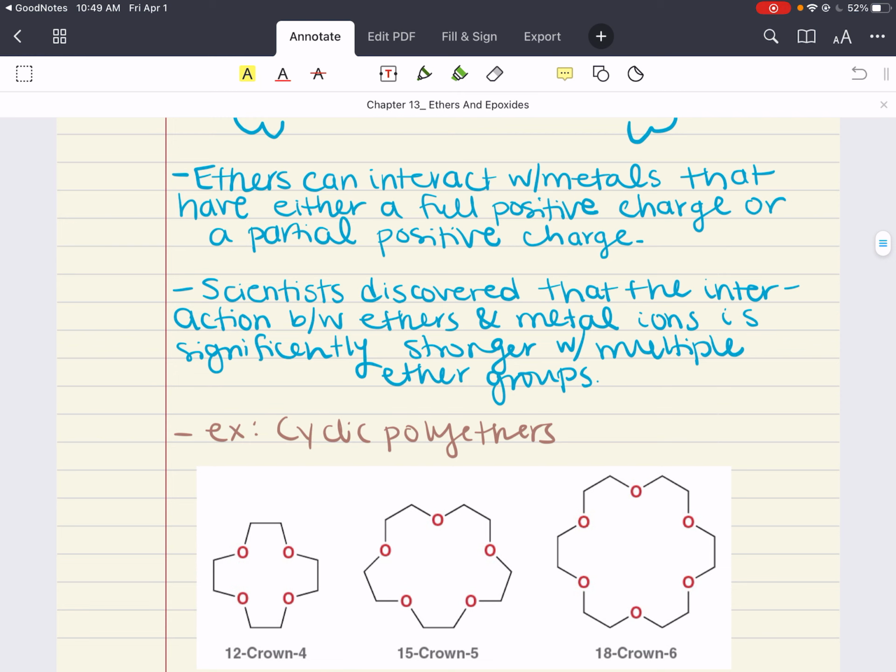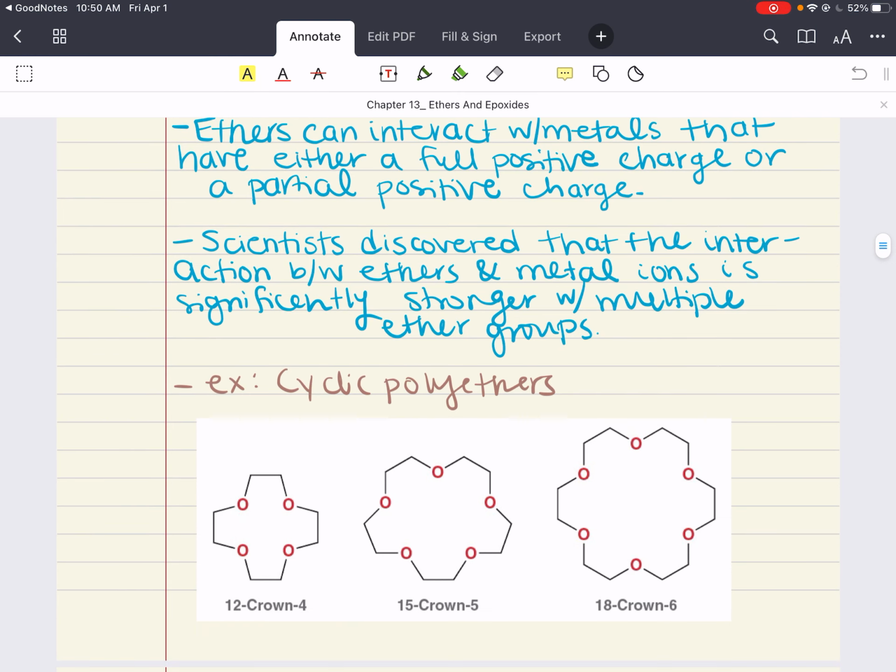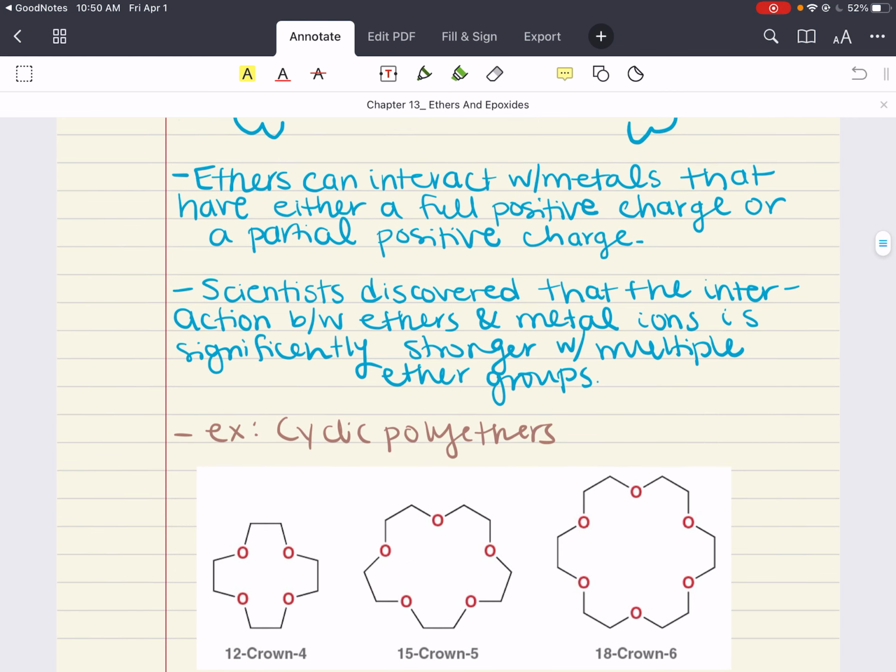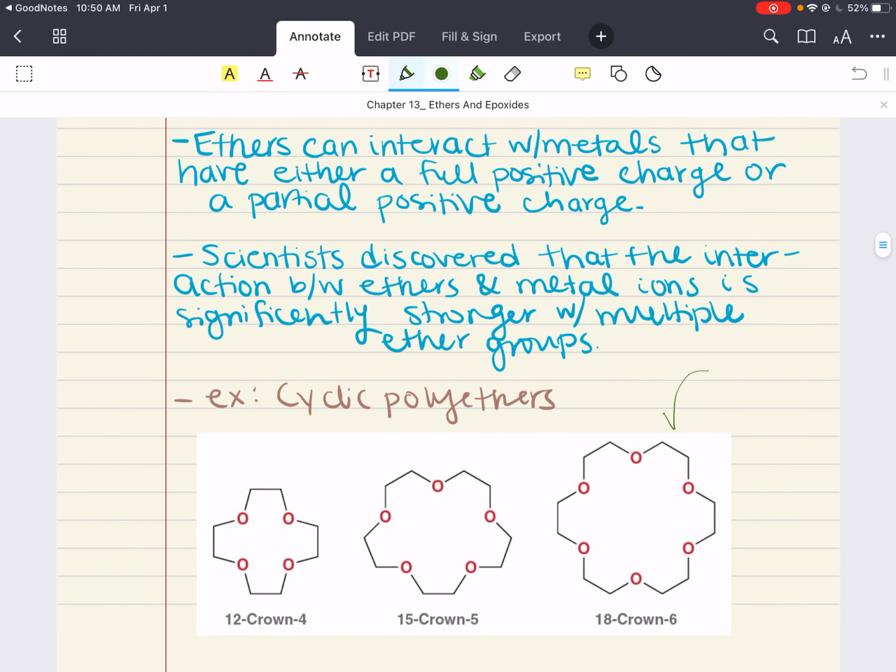Now, scientists discovered that the interactions between ethers and metal ions are significantly stronger for compounds with multiple ether groups. Such compounds that have multiple ether groups are called polyethers, many ethers. Through the investigation of the properties of many cyclic polyethers, such as crown ethers, which are shown right here, their molecular models resemble crowns, and metal ions can actually be solvated by these crown ethers, which is really cool.